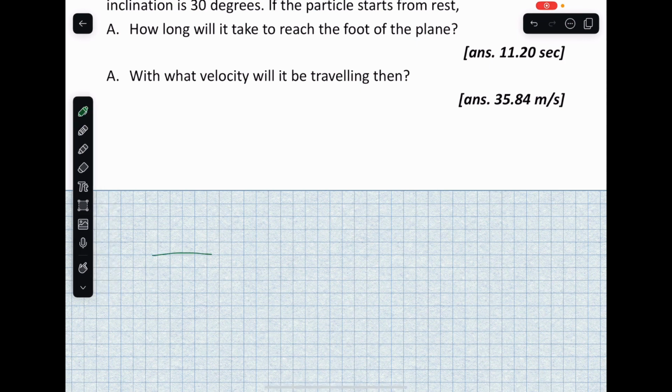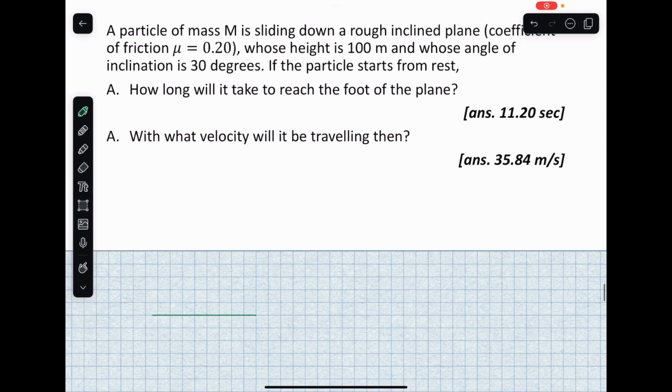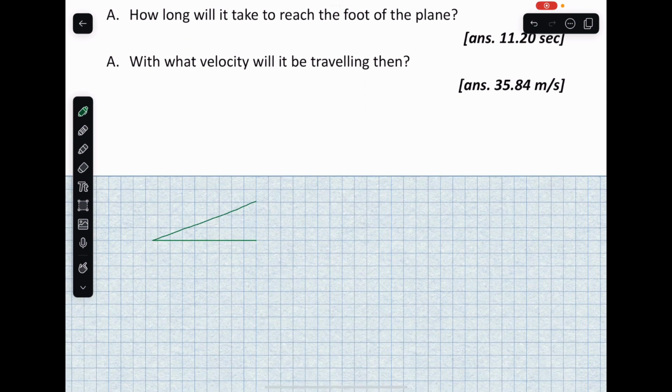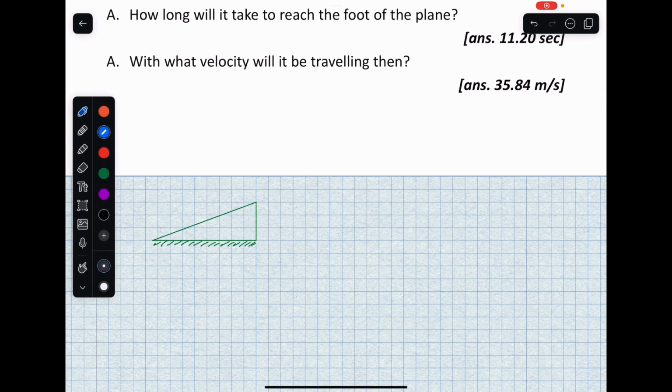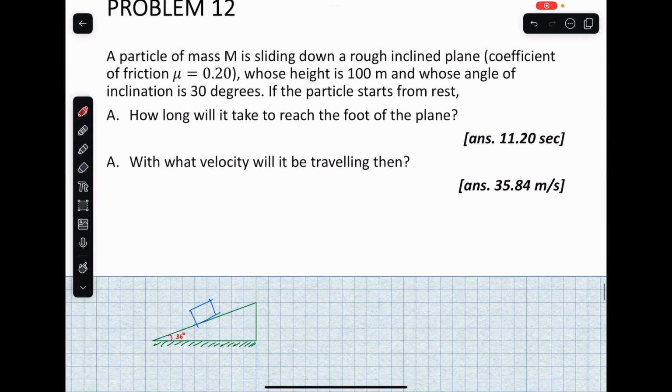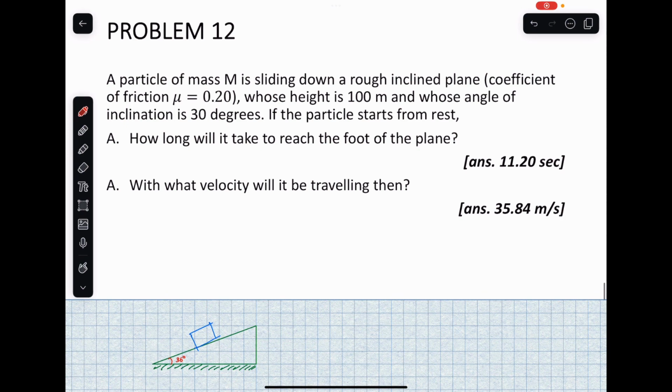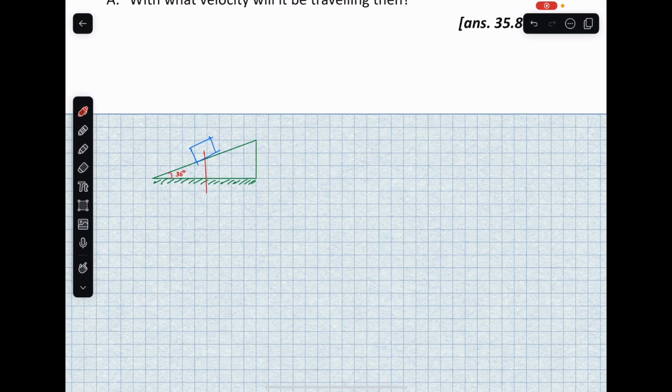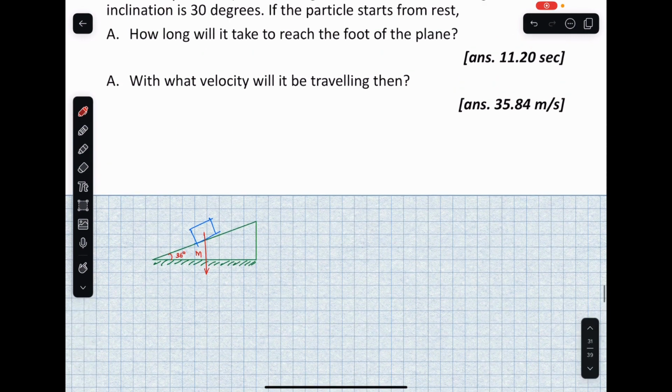So let's say we have an inclined plane, approximately 30 degrees. So this is 30 degrees, a particle of mass m. It's just a mass m; the weight's not provided.